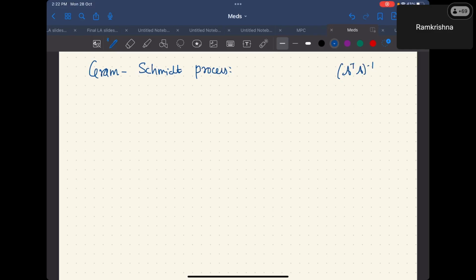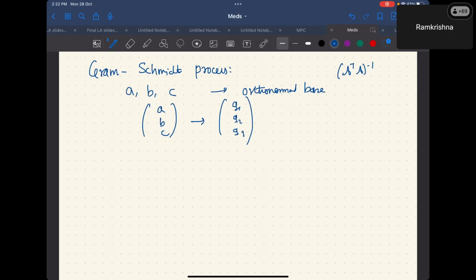So is there any way where I can start from a given A, B, C and transform them to an orthonormal basis such that I'm going from A, B, C to Q1, Q2, Q3, where Q1, Q2, Q3 are orthonormal?